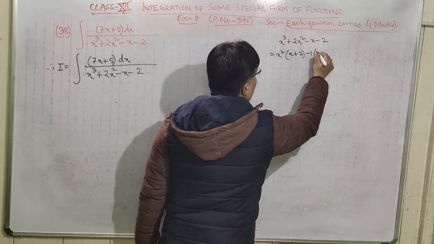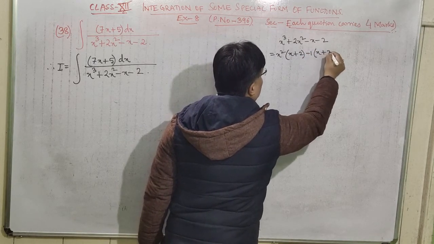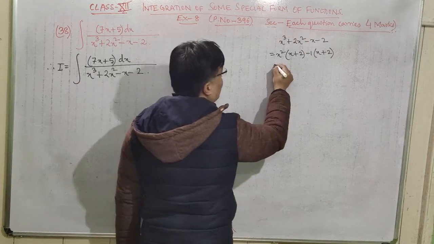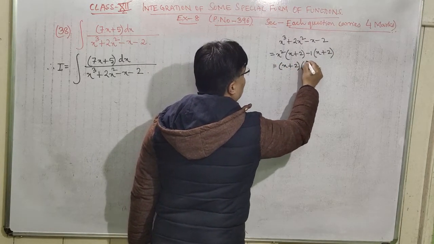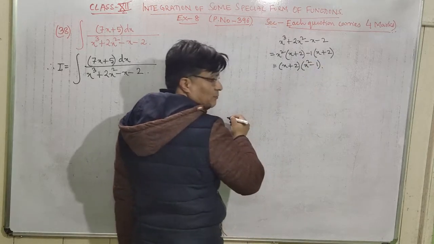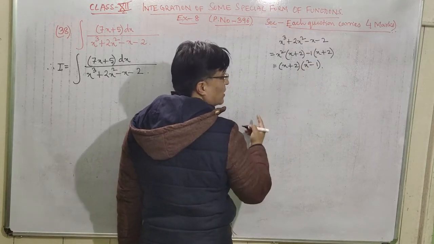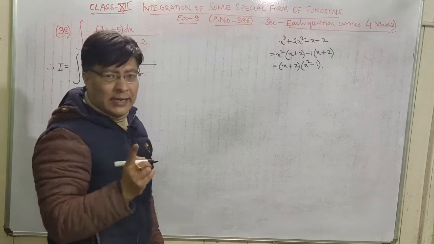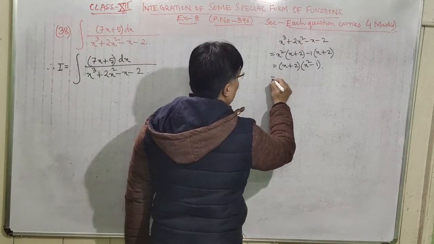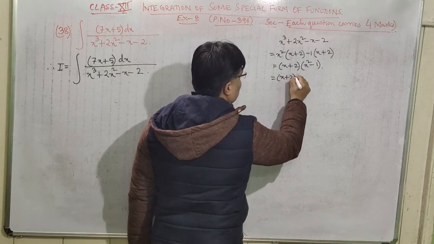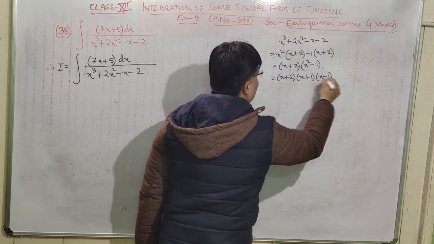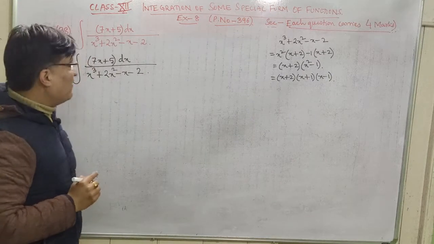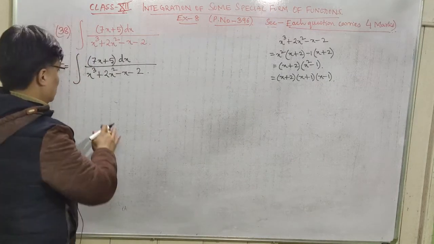Here −1 is common, so −1 times (x + 2). Again x + 2 is the common factor, so we have (x + 2)(x square − 1). And again x square − 1 can be factorized using a square − b square, so it is (x + 2)(x + 1)(x − 1). These are the three factors of the denominator.